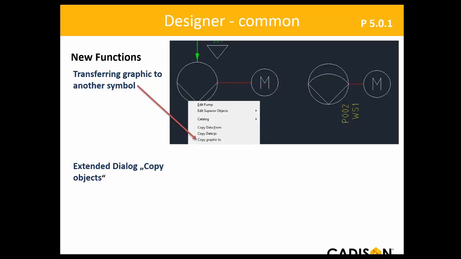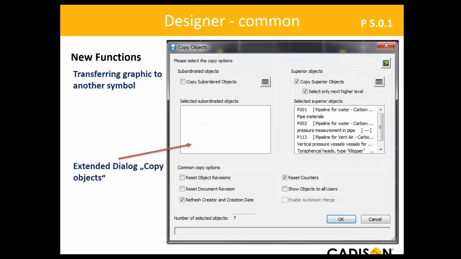The extended dialog copy objects, I would say that is one of the newest technologies that we built in, and that means the dialog is completely new. You can see this also, it's now no longer colorful, it's more gray, and with this part the system will select automatically the superior objects, so that you must not go through 3 or 4 steps.